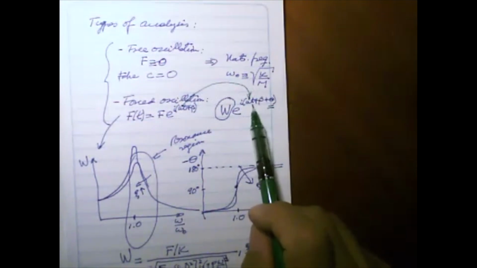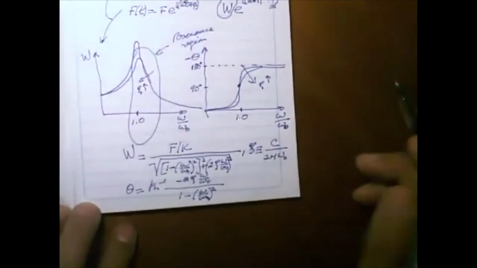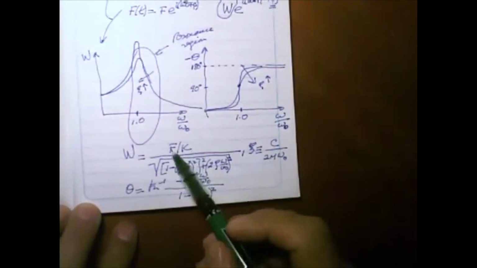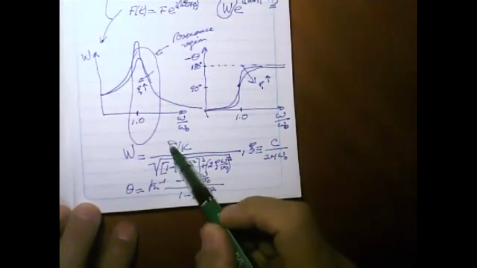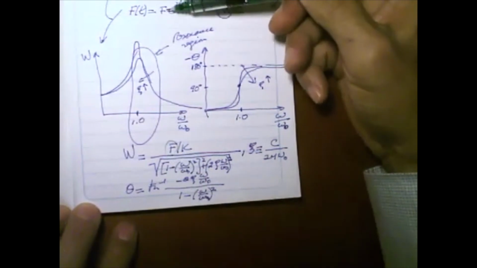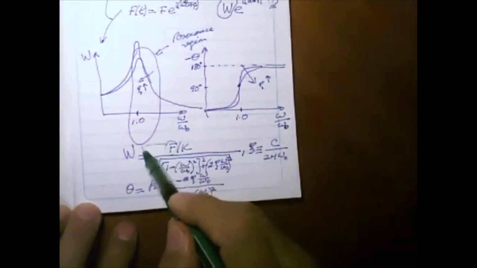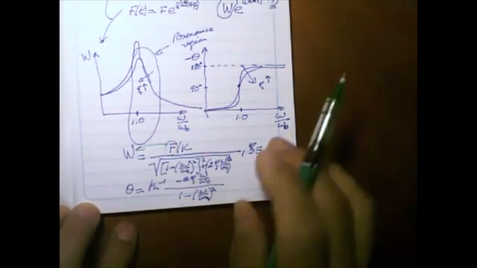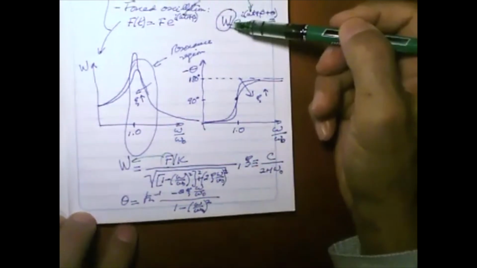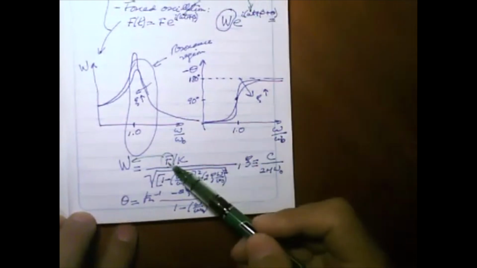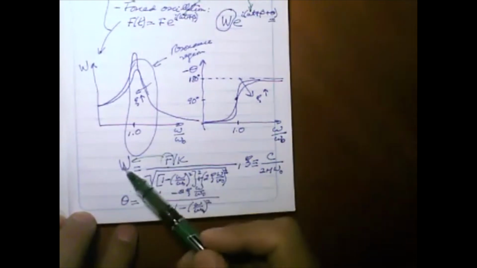The response will have the same frequency as the excitation. Here, if we have large F, that's the amplitude of the excitation, large F means large W. That's the amplitude of the response. You have larger waves, larger response.